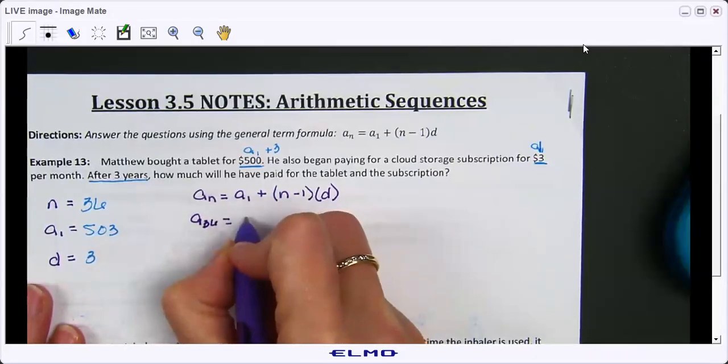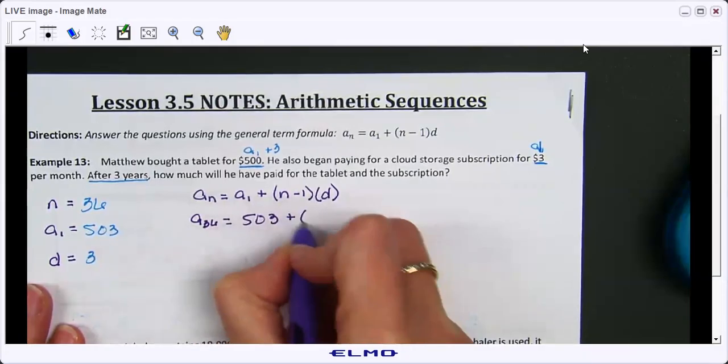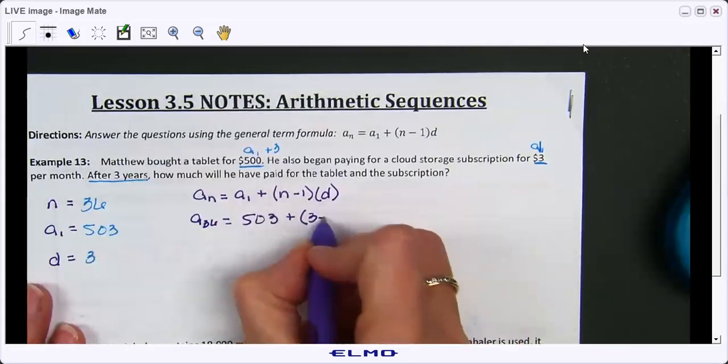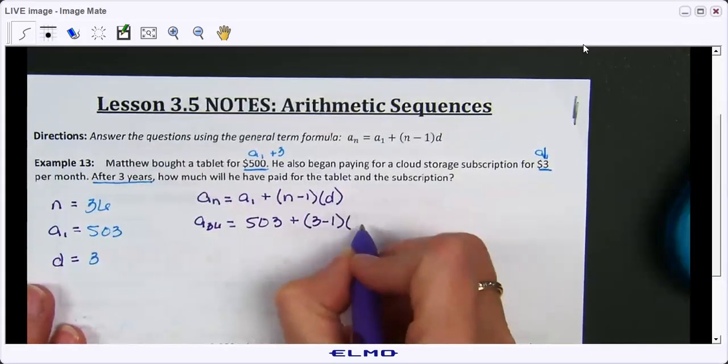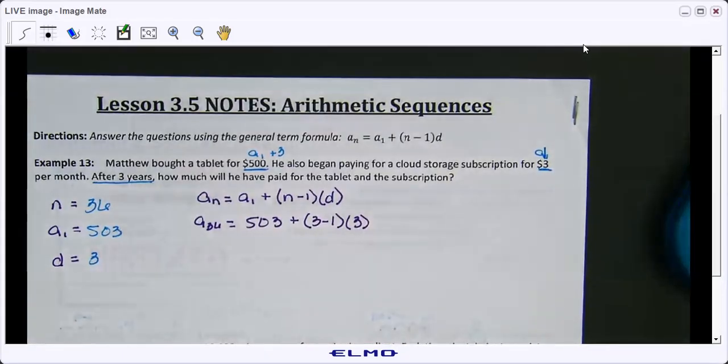Our first term is 503 plus our nth term that we're looking for, 36 minus 1, and then our common difference is 3. Okay, so go ahead and work that out.